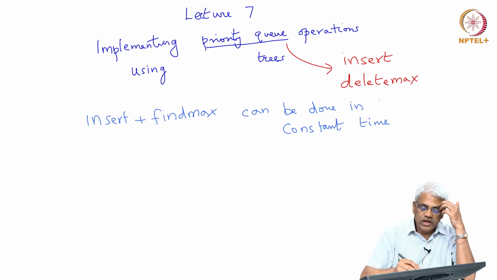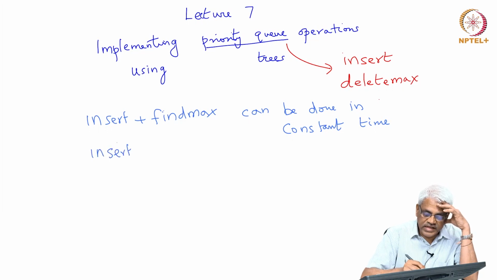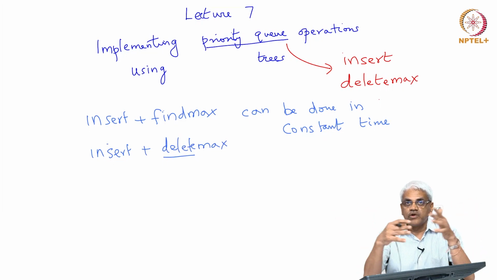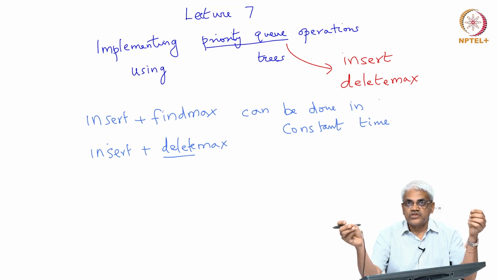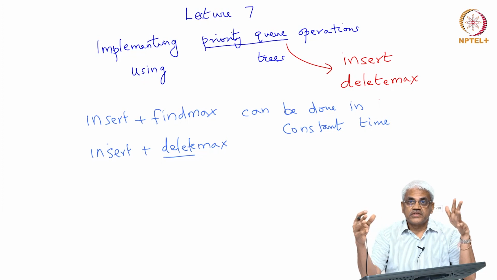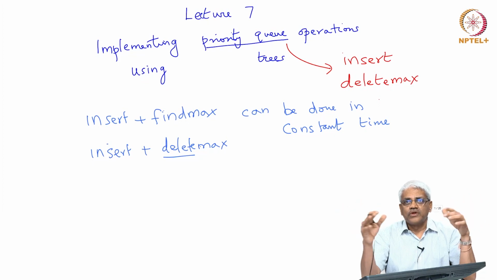Okay. Now today, what we want to look at is if I also want to do delete max. That solution of just keeping track of the max does not work if we also want to delete the maximum, because once you delete it, you need to know who the next max is, and that requires a linear scan in the list to find the next max, if you store the entire elements. And we contemplated keeping first and second max, third max, and they all had problems.